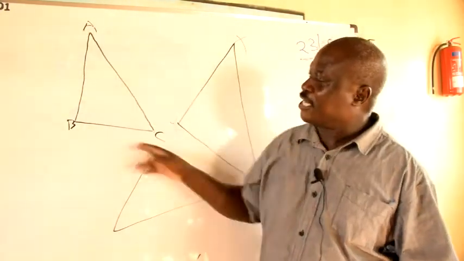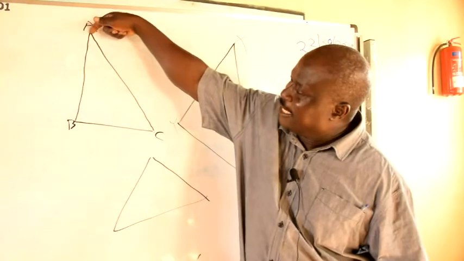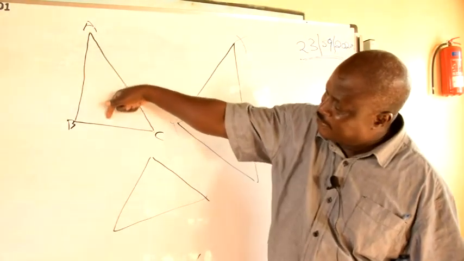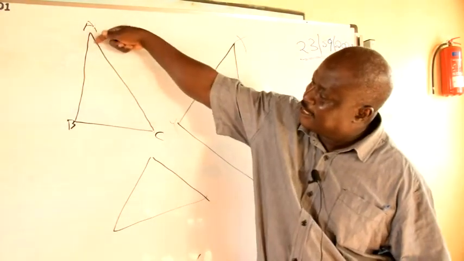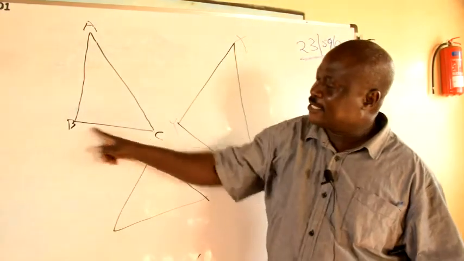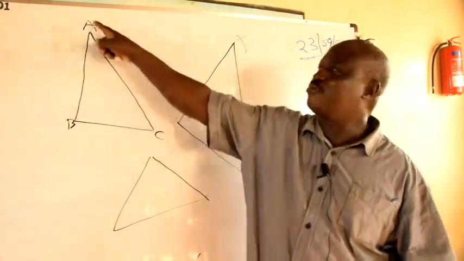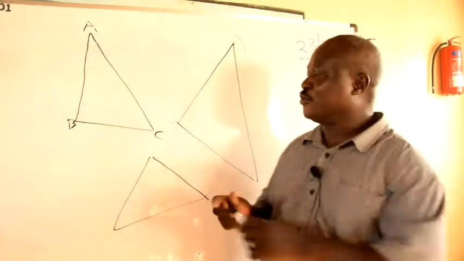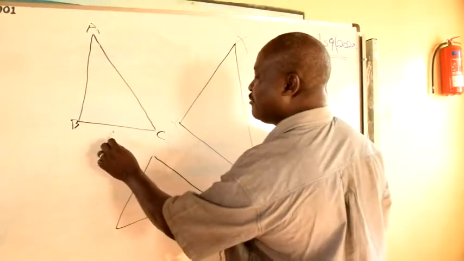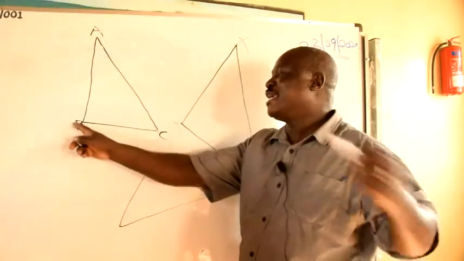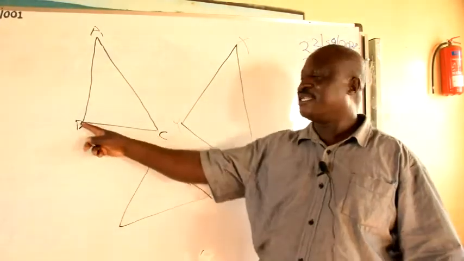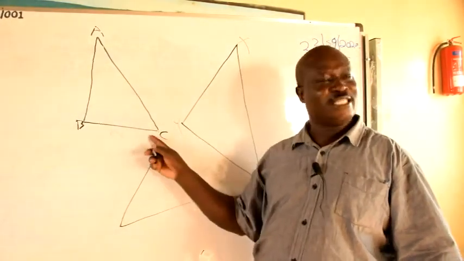You are able to see that I have triangle ABC. Looking at A, the side which is opposite A, in this case side BC, when we are naming it, we use the letter small a. Small a is a length, maybe 10 centimeters or maybe 15 centimeters.